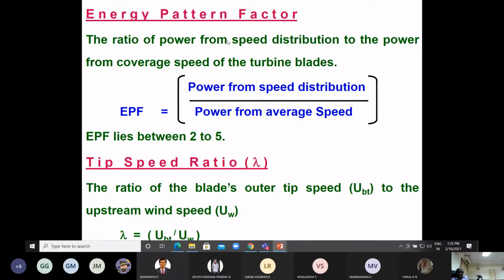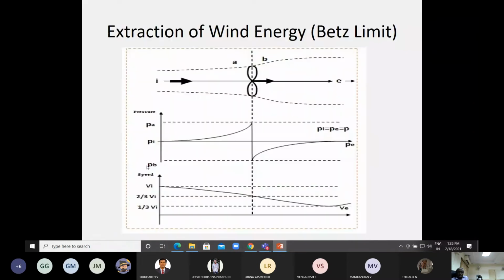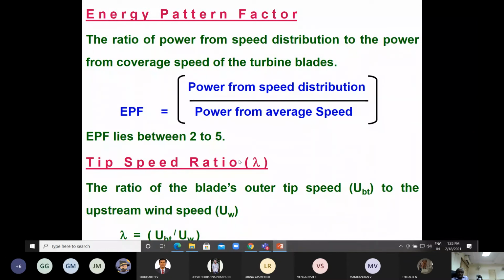It is the ratio of power from speed distribution to the power from average speed. And the tip speed ratio is lambda, the ratio of the blade's outer tip speed to the upstream wind speed. That ratio is called the tip speed ratio. That is lambda.